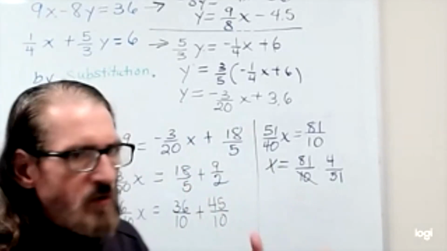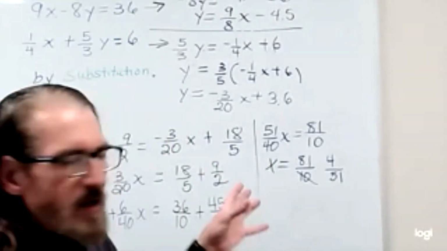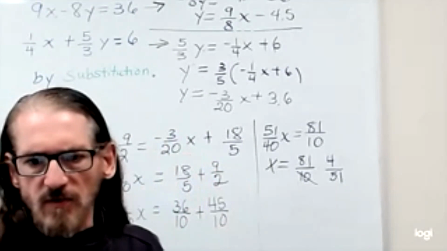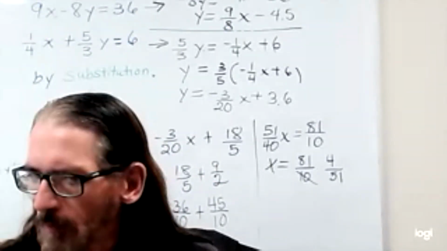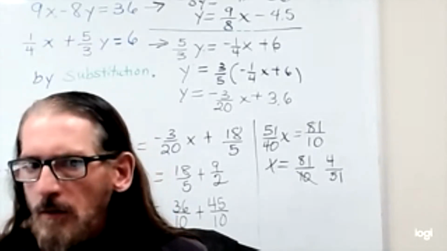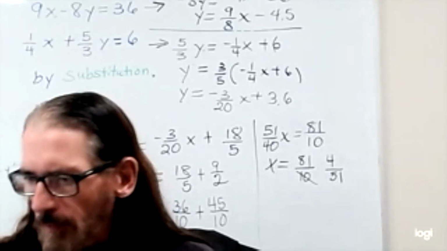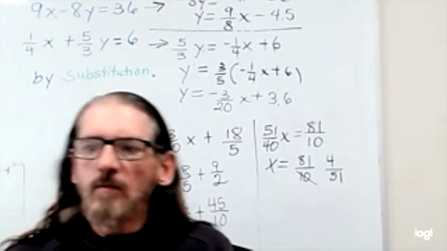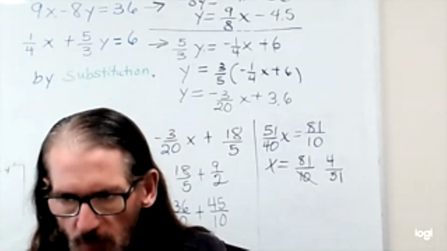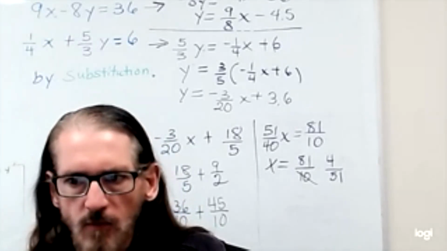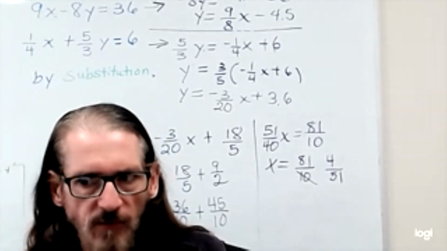And worse yet, when we divide, we started getting these not so nice fractions. What else? Typically, substitution is not the best approach to use, particularly when you have more than 2 variables and 2 equations.